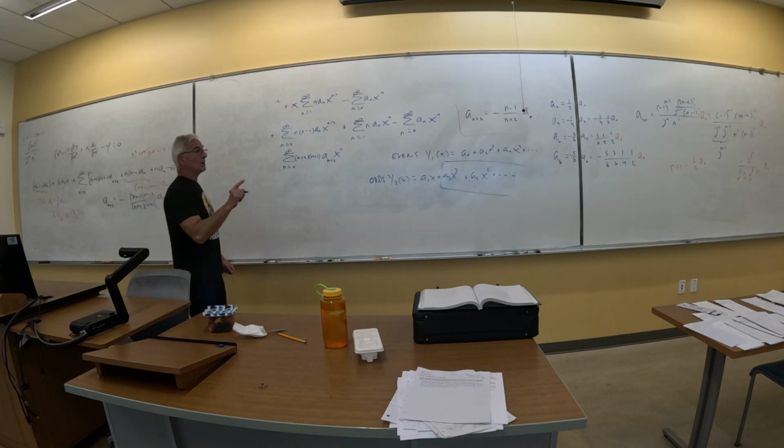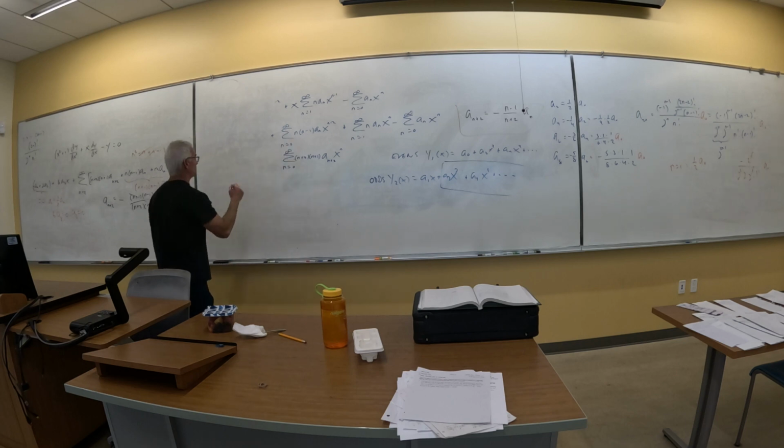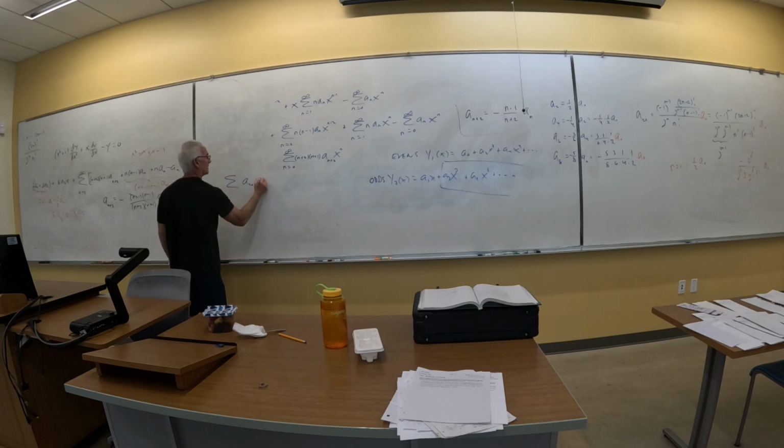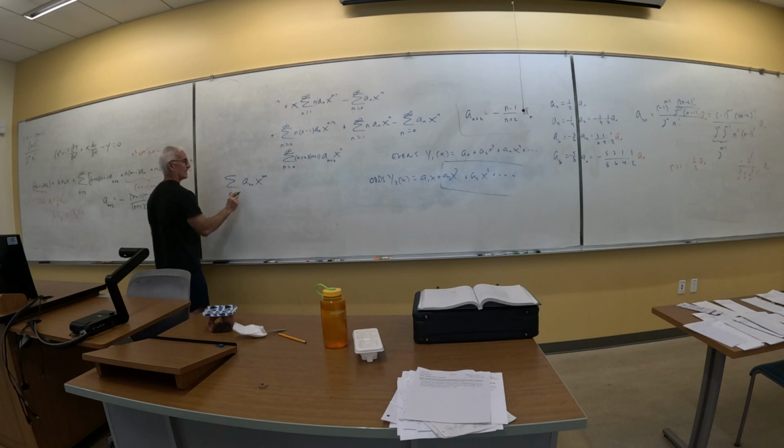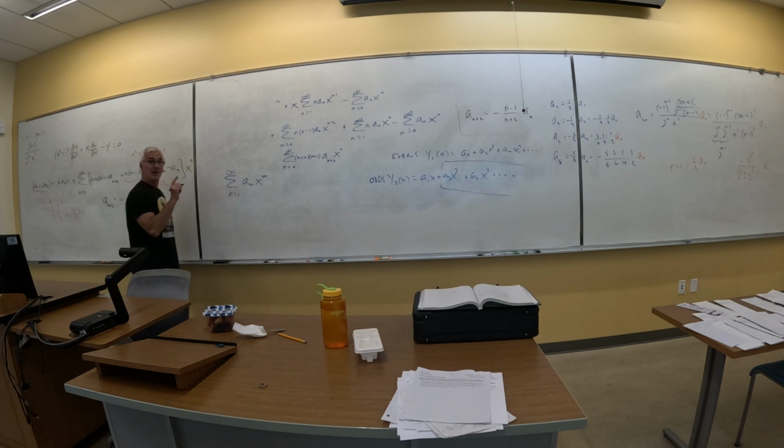So right now, my evens, we just said, were that big ugly thing, which I'll just call A2n, and I'm starting at 1, plus A0. The whole thing is times A0. So it would be A0 plus A0 times this. Why?